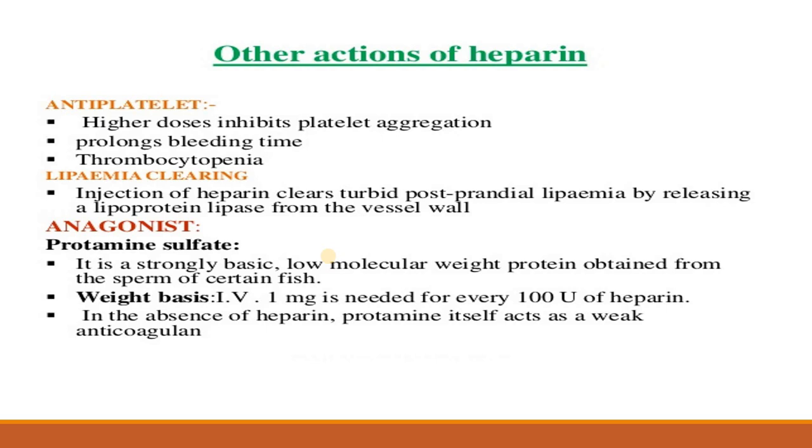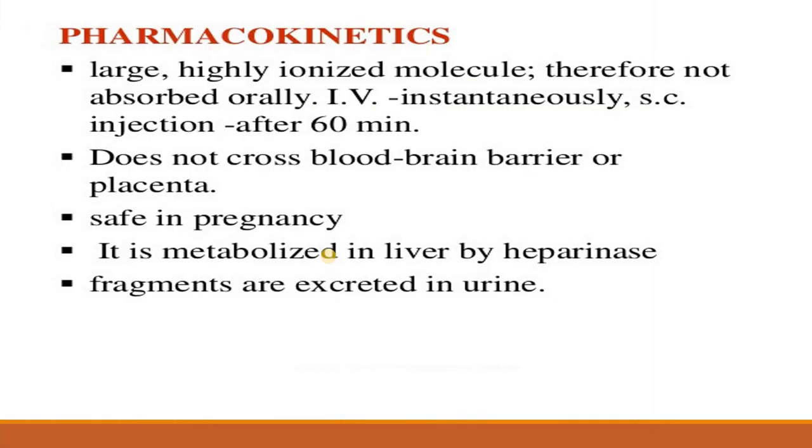The antagonist is protamine sulfate. It is a strongly basic, low molecular weight protein obtained from the sperm of salmon fish. It is given IV; 1 mg is needed for every 100 units of heparin. In the absence of heparin, protamine itself acts as a weak anticoagulant.